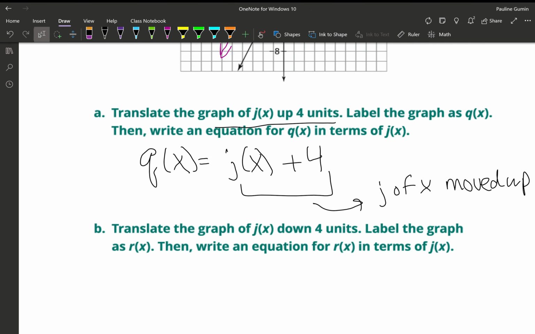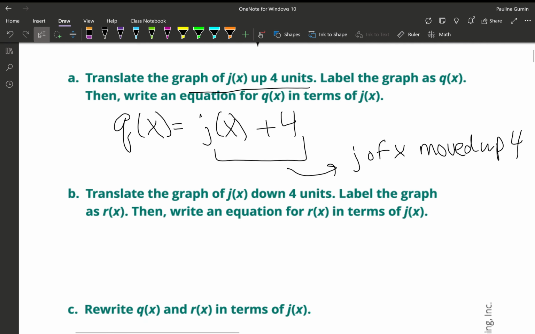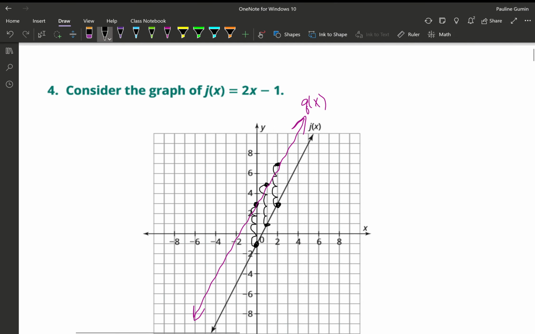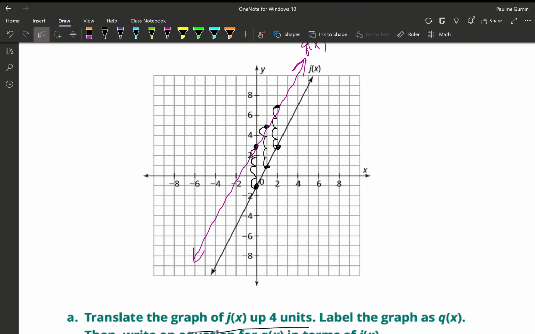What I want to do next, it has us draw another graph. Okay, let's do it. I almost skipped a problem. That's fine. Now let's take j of x and move it down 4 units, and we're going to call it r of x. So I'm going to use those same 3 points, but I'm going to go down 4. A 1, a 2, a 3, a 4. A 1, a 2, a 3, a 4.